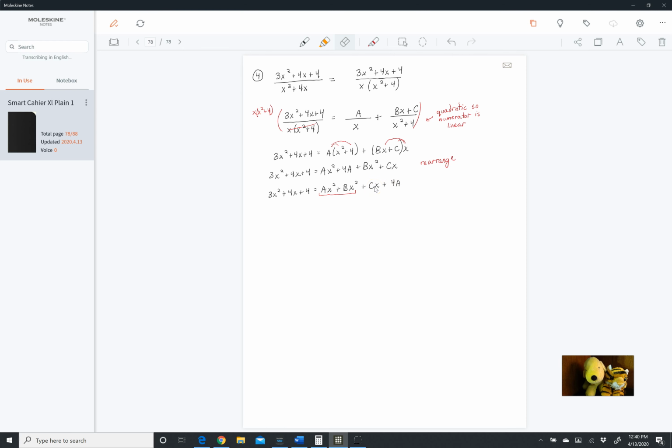There are no other x's, so we don't have to factor out an x anymore. So that's going to give us 3x squared plus 4x plus 4 is equal to a plus b times x squared plus cx plus 4a. So now we're ready to, we call it equating the coefficients.